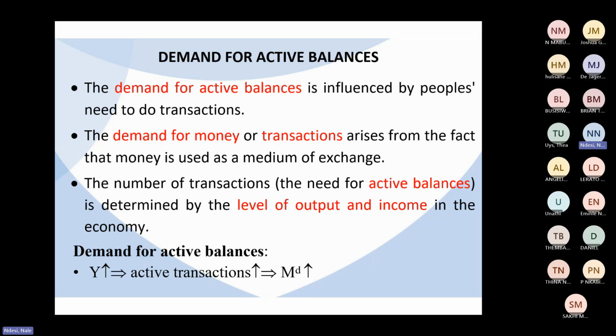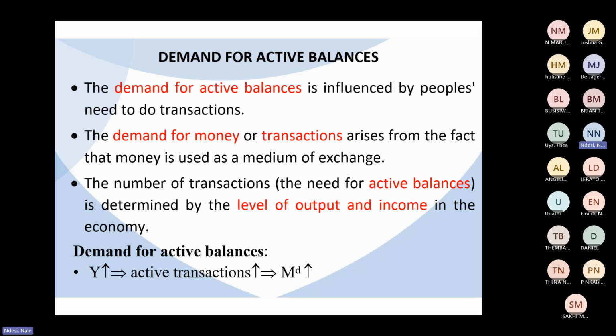They will therefore need more active balances, and their demand for money will rise. As well as producers, when they produce more output, they will need more money to finance the transactions as well.